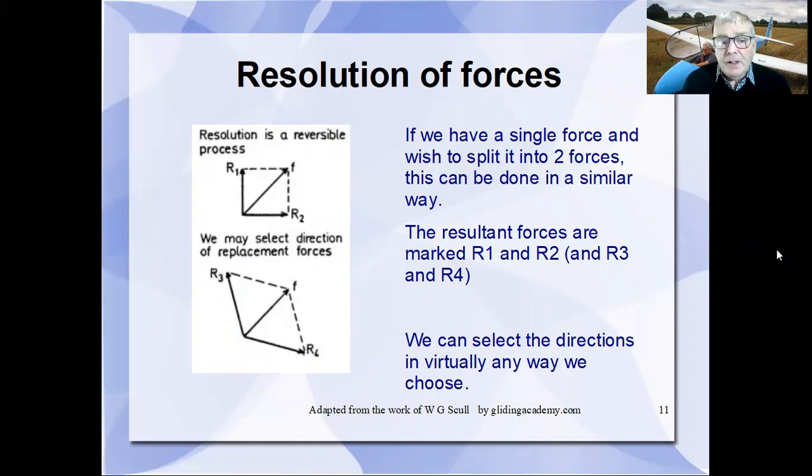To create this, the original force is exactly whatever it was, and we then construct around it two equivalent forces that would, if they acted on the body in that way, end up with the result of the movement that you see. So we can select virtually any direction we like.